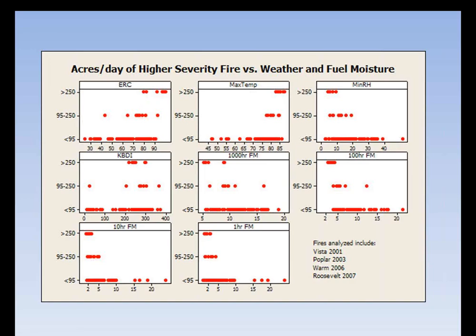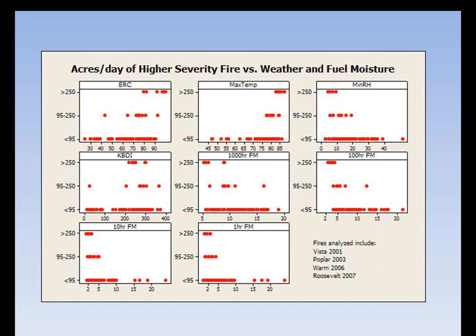And then when it got to 82 degrees or higher, again, it was likely that you would get these big high severity patches. And then finally, we found the minimum RH, 19% was a tipping point for it being possible to get those. And then in the single digits, 9% and lower, it was pretty likely that you would be generating large patches of high severity.